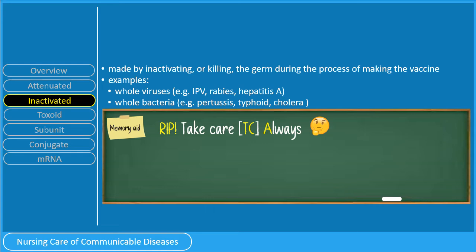So here it is: RIP or rest in peace, take care always. Crazy, right? RIP stands for rabies, IPV, and pertussis, and take care, TC, typhoid, cholera, and always hepatitis A. The phrase rest in peace allows me to remember that these are killed or inactivated vaccines.